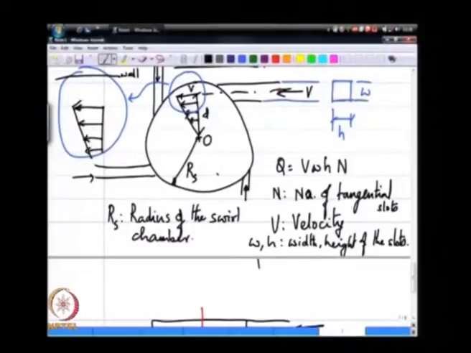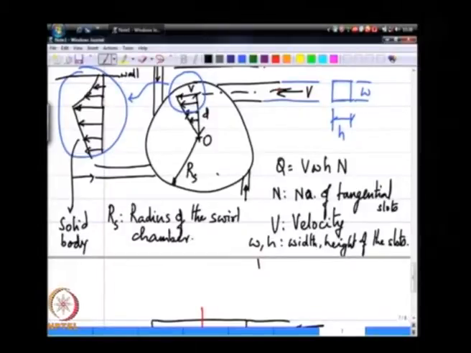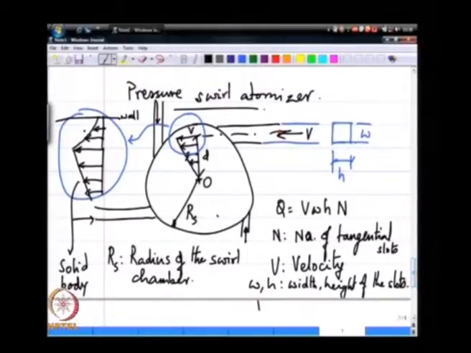So, this part of the velocity profile is going to look like a potential swirl. So, you have two parts: a solid body rotation on the inside and a potential swirl kind of a flow on the outside.